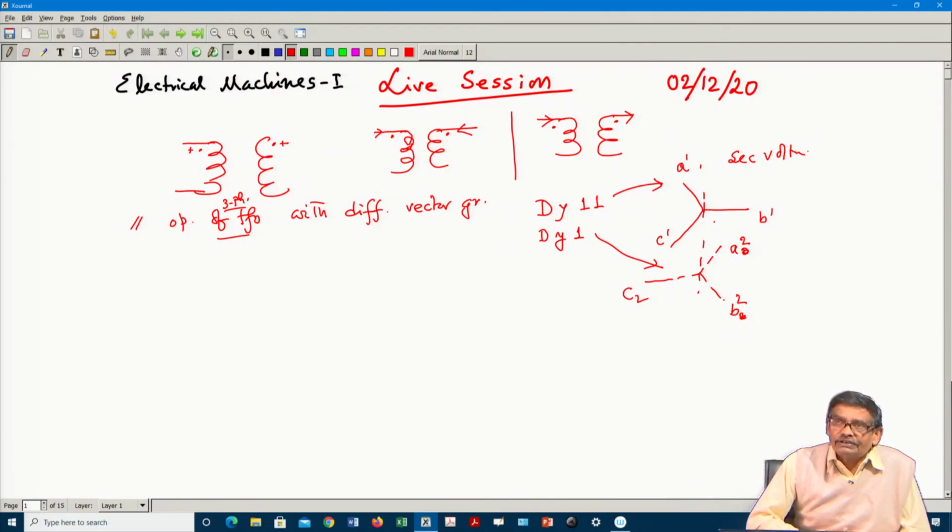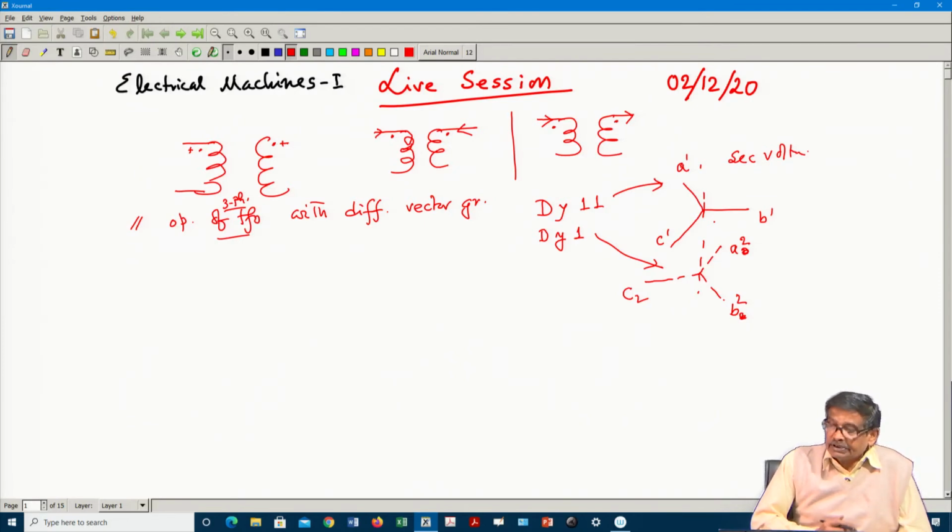Their magnitudes are the same, but they are phase shifted. So, you cannot connect two sources in parallel when there is a phase shift and imbalance of voltage, otherwise there will be an almost short circuit situation.